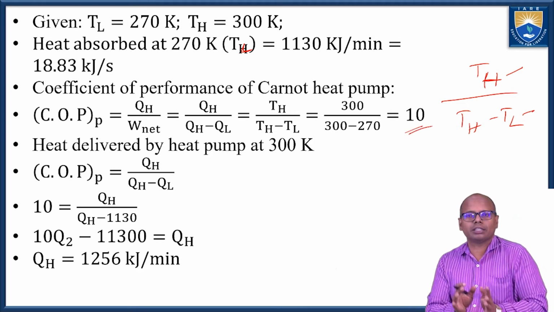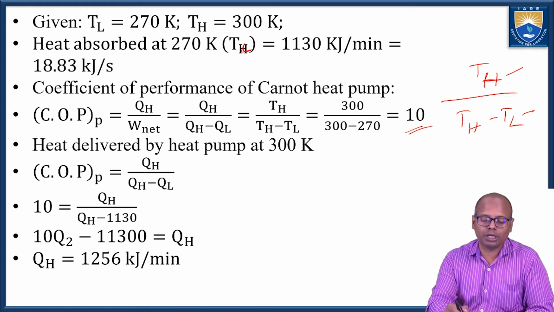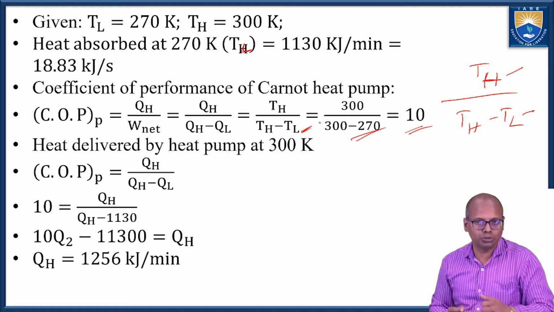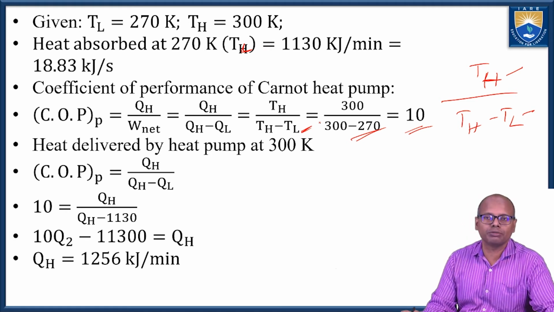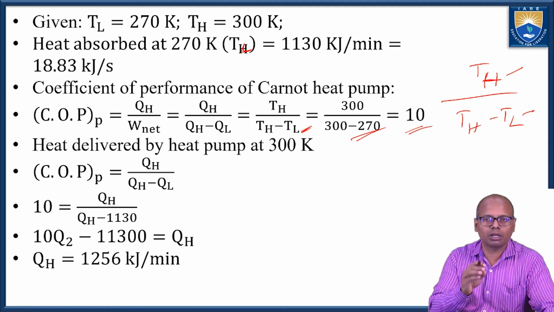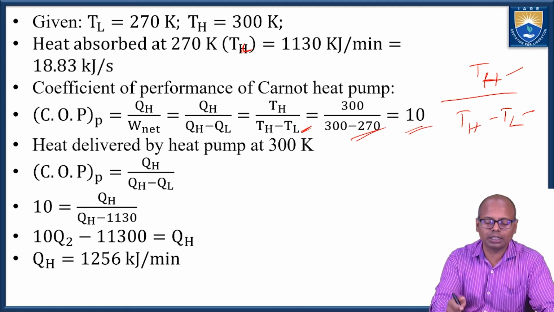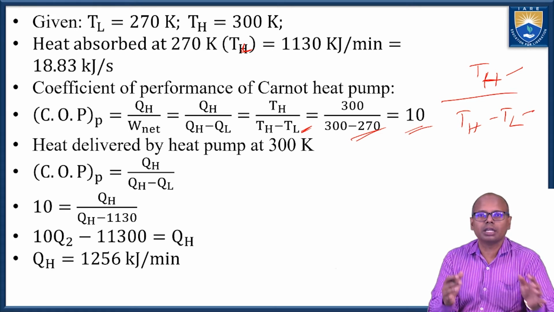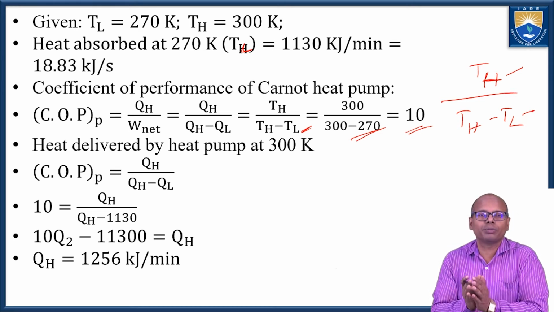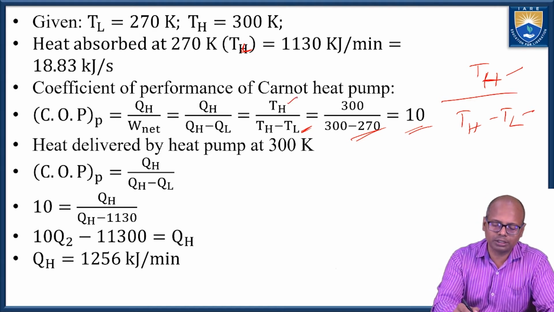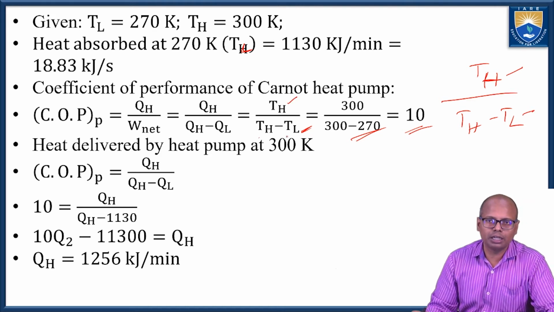So this is straightforward once you have this formula. Once you understand what formula is to be used, substitution and simplifications are very simple. So I am mostly focusing on explaining the concept rather than simplifying the values. The concept is the amount of heat to be supplied to the hot room, so higher temperature divided by the temperature difference.